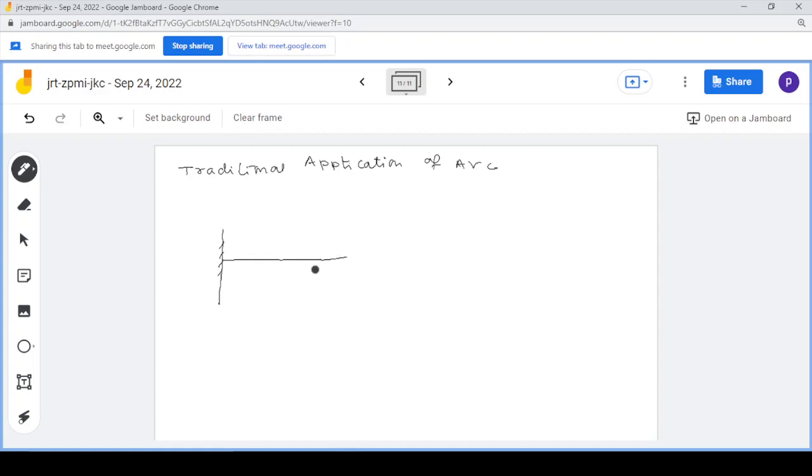So let us draw one structure. On this structure, let us mount the different sensors. Let us say this is sensor 1 and this is sensor 2.